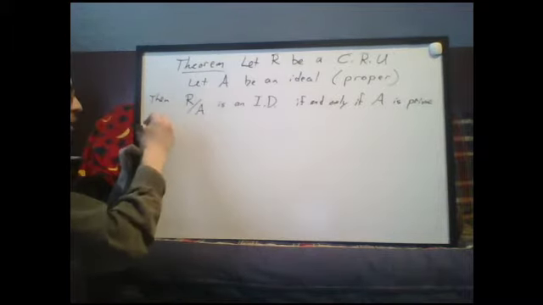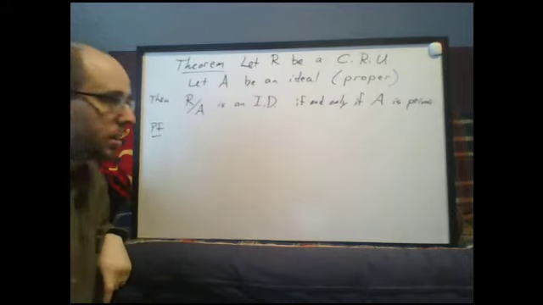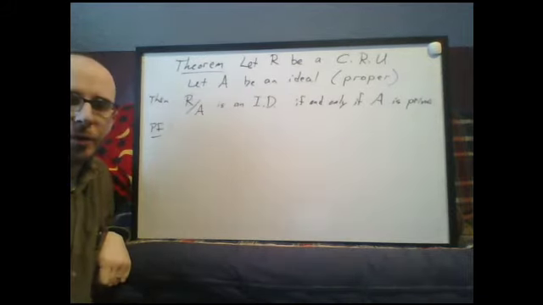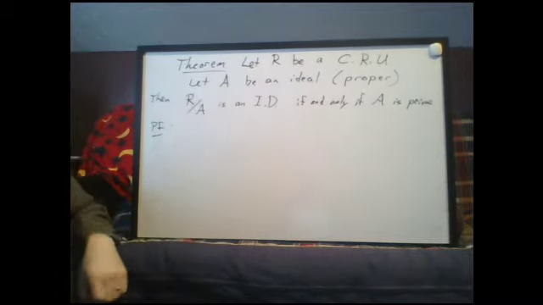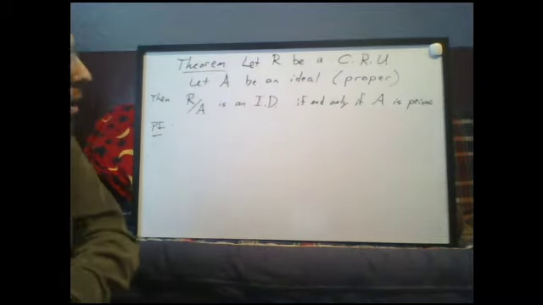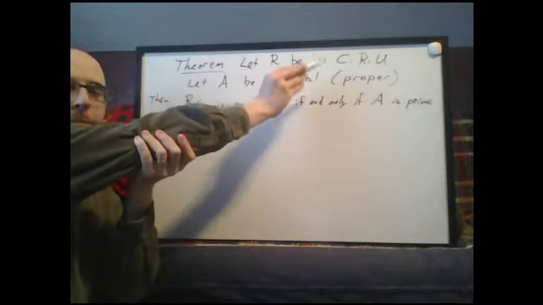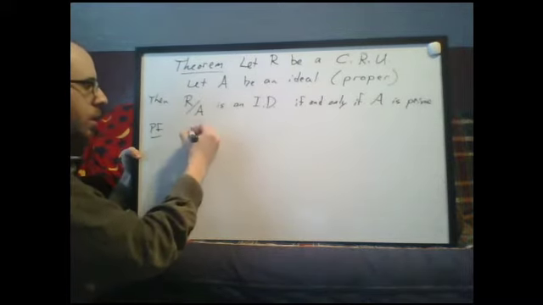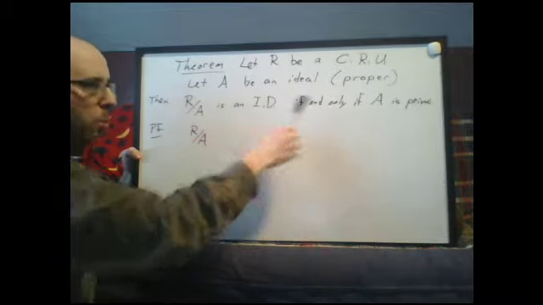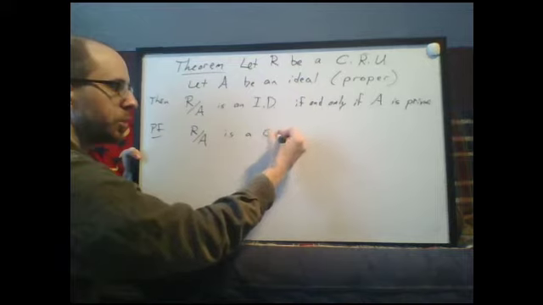Okay, so let's prove this. Let me get the simple stuff out of the way first before we get into the meat of the proof. Let's get this observation out of the way first. If R is a commutative ring with unity and A is proper, without worrying about prime, R mod A is a commutative ring with unity.